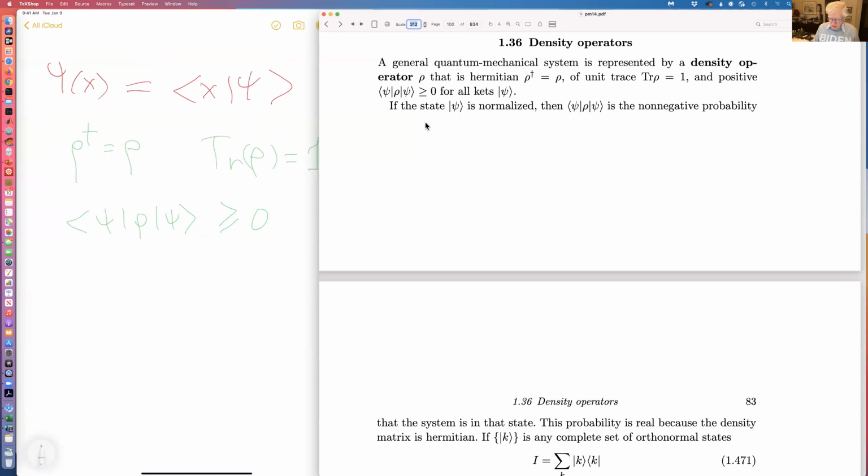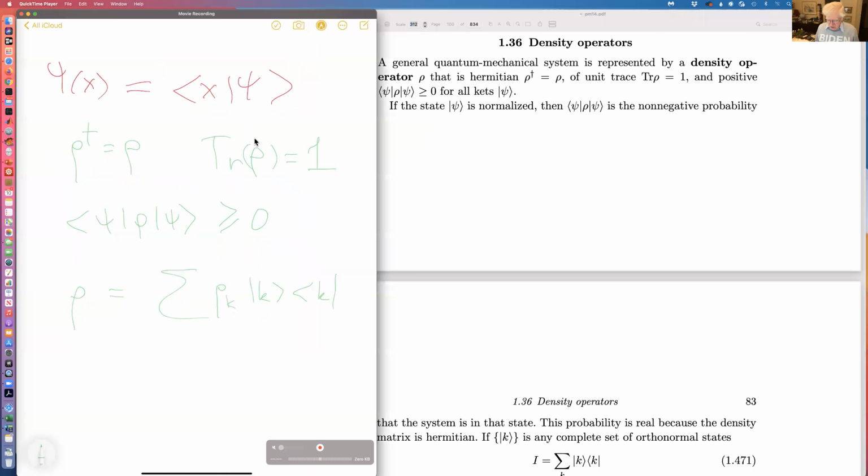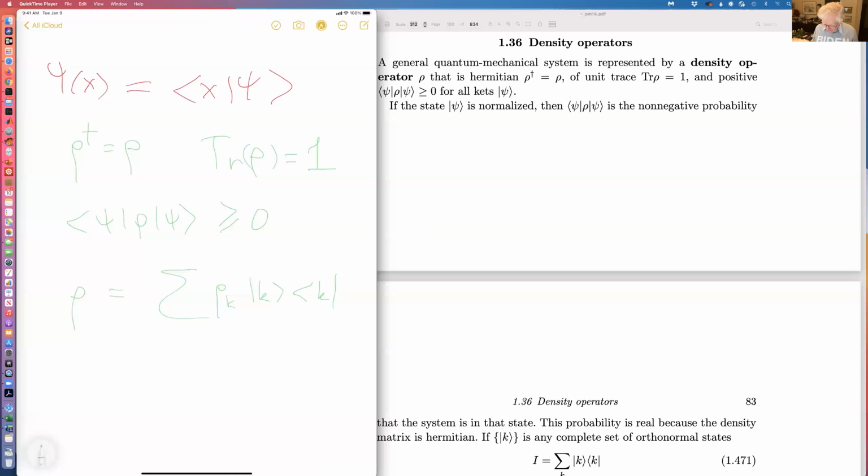Inasmuch as rho is Hermitian, you can always diagonalize it, so it would be a sum of rho sub k times the outer product of the state vectors k, k equals 1 to capital N, or it might be a continuum, some sort of an integral dk of rho of k, k, k.